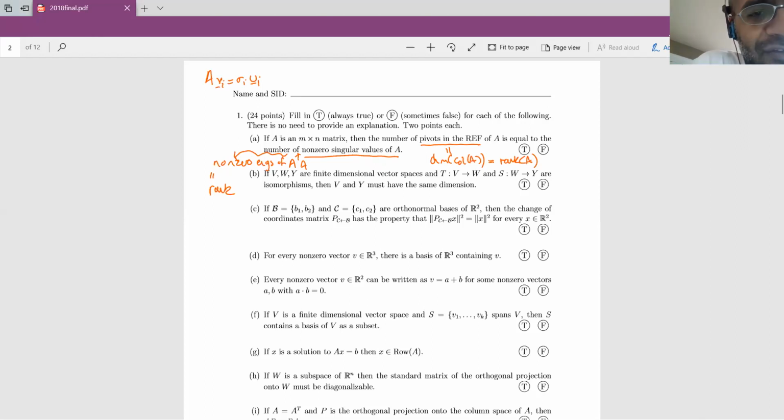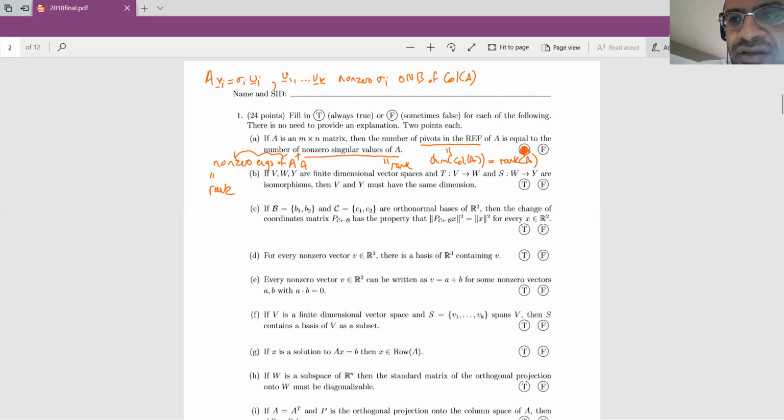And remember, the key thing is that the u_1 through u_k corresponding to the non-zero singular values form an orthonormal basis of the column space, right? So you don't have to go through the whole proof. If you just remember the statement of the SVD, you get that these are both equal to the rank. So indeed, this is true.